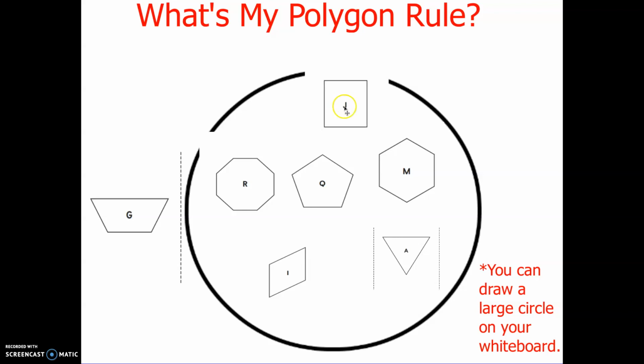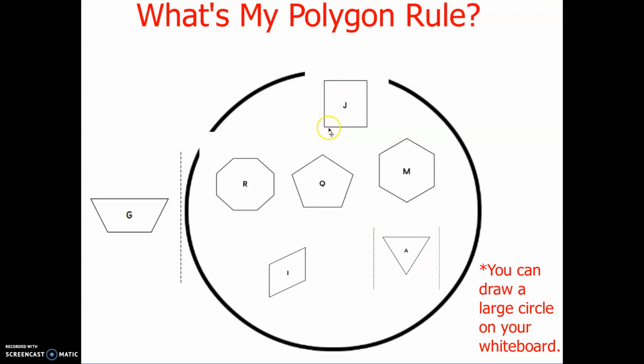Did you come up with a reason why G can't come to my party in the circle, but all the other shapes can? Look carefully at my shapes, at A, I, R, Q, M, and J. Look at their sides. Look at the length of their sides. So when I look at A, all 3 sides are the same length.